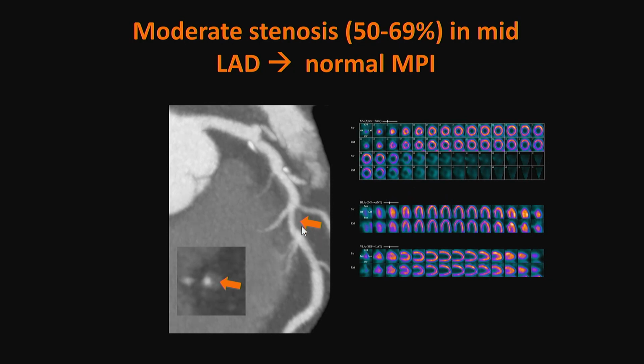It does not detect non-flow limiting CAD, and in this particular patient who was not on any medical therapy, the determination of plaque, even if it's not flow limiting, may be very important in implementing preventive therapies. So certainly you can see that there are both advantages and limitations of both techniques here.